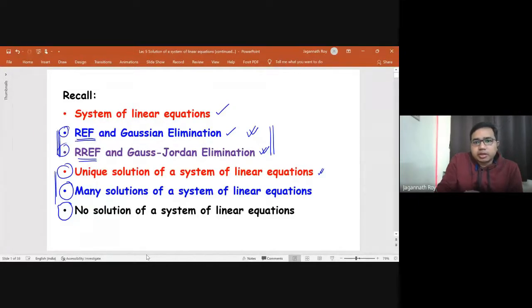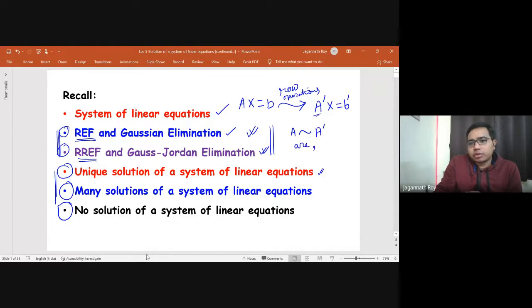That means given a system Ax = b, you try to reduce it after row operations and find A'x = b'. So this A and A' are row equivalent.